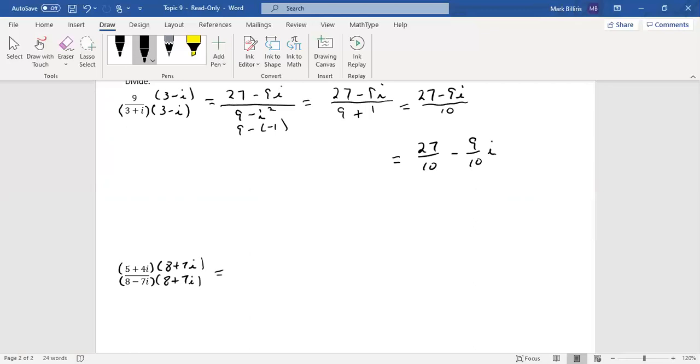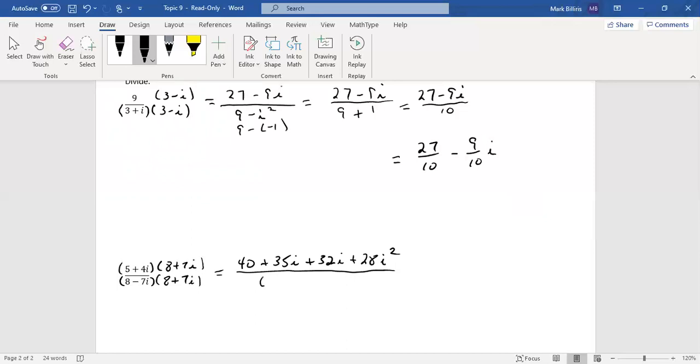So I have to do 5 times 8 and 7i, then 4i times both. I start by multiplying 5 times 8, and I get 40. 5 times 7i, I get 35i. 4i times 8 is 32i. And then 4i times 7i is 28i squared. Again, you're going to take each term, the 5 times the 8 plus 7i, then the positive 4i times the 8 plus 7i.